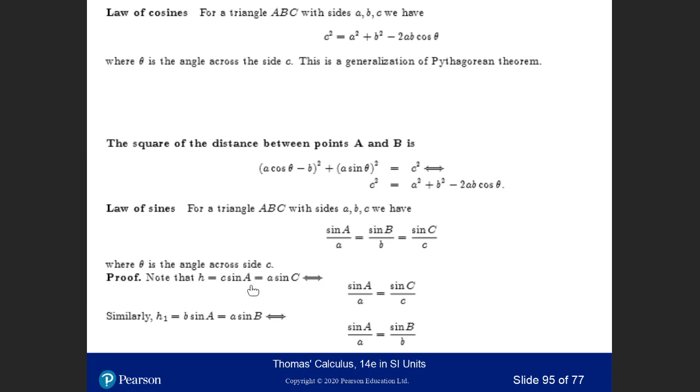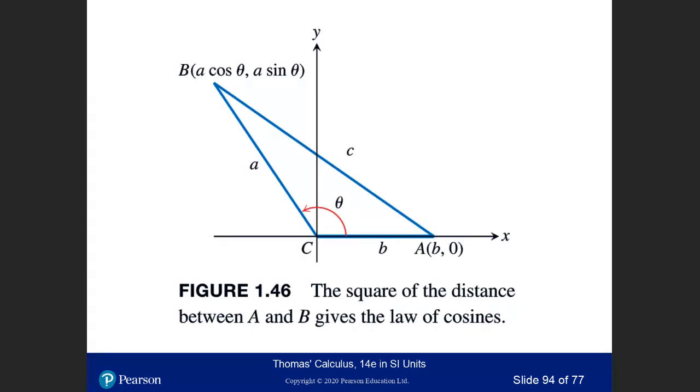It's c times sine A. That's this angle. c times sine A because there's this h here. h is equal to c times sine A.